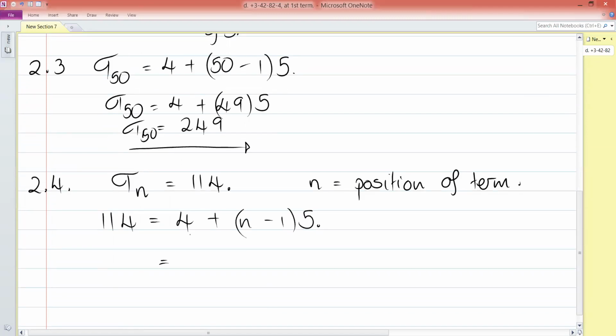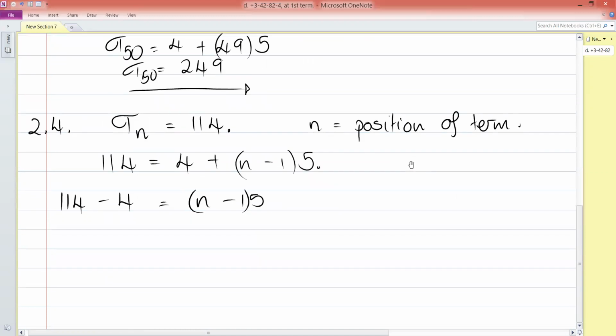First things first, balancing method or your inverse operations. You're going to take the plus 4 over, it's going to become negative. N minus 1 multiplied by 5 is what's left on the other side. So 114 minus 4, you're left with 110, and n minus 1 multiplied by 5. At this point, since you're multiplying by 5 on the right-hand side, you want to get rid of that multiplication by 5.